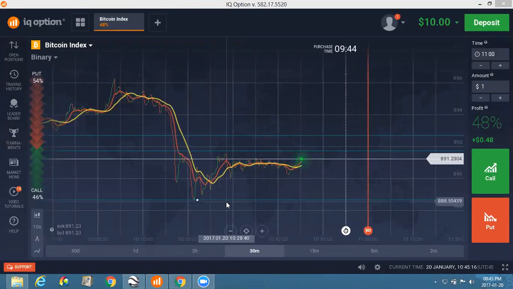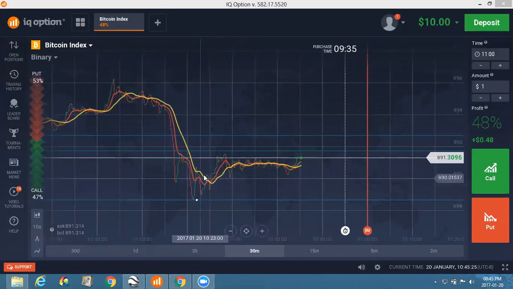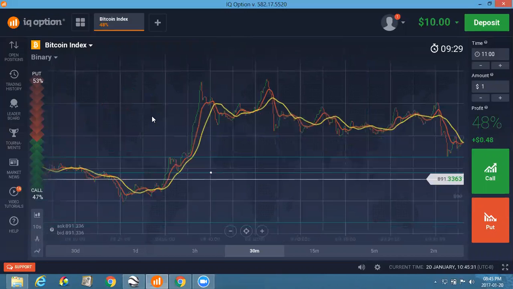Okay, as I was saying, when the EMA is below the SMA, we're only looking for sell opportunities. The only time we can start looking for buy opportunities is when the EMA crosses over above the SMA.